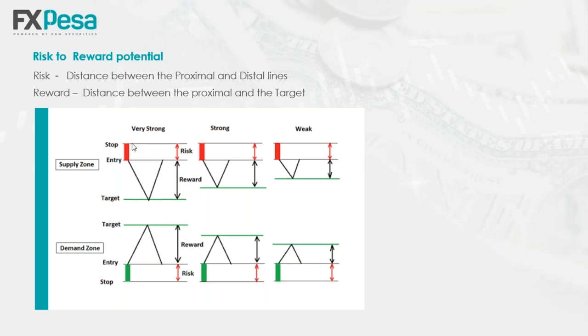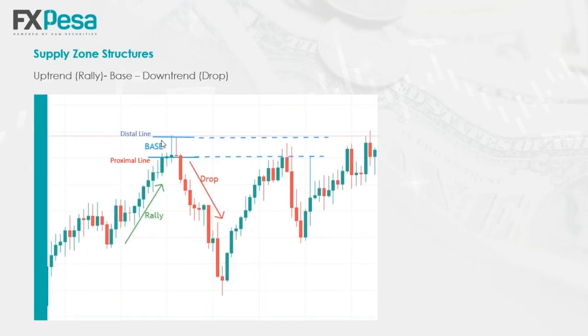To have more clarity on this, we have additional pictures. So this is an example of a supply zone. We have two types of supply zones, and we also have two types of demand zones.